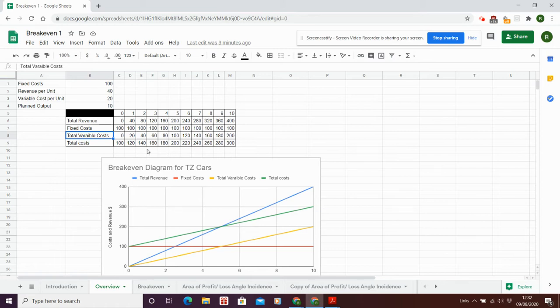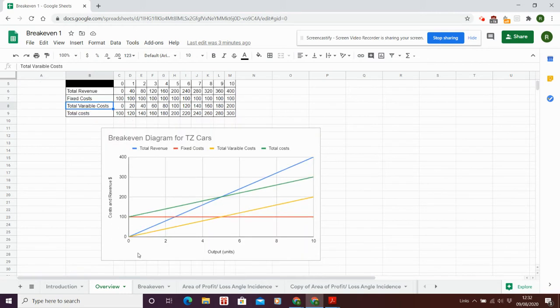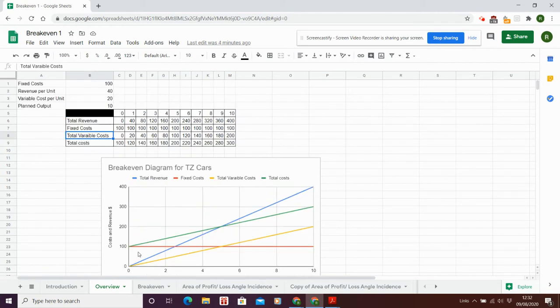Okay, so once you've done your table, then we need to do a diagram, and we need to label the diagram correctly. Now in your exam, you will put what each line corresponds to alongside the line. Here, because I've done this all on a computer, there is a little legend there telling you what each line corresponds to.